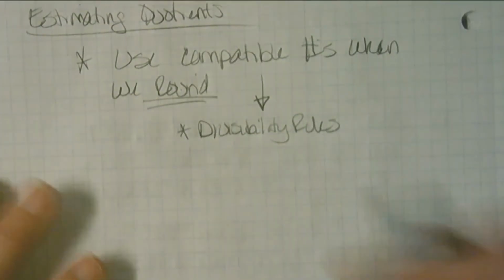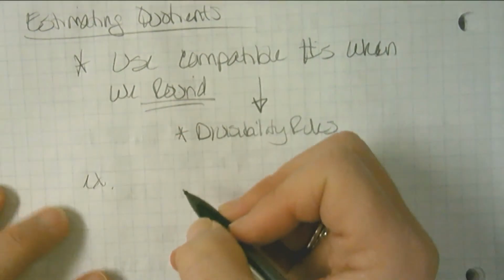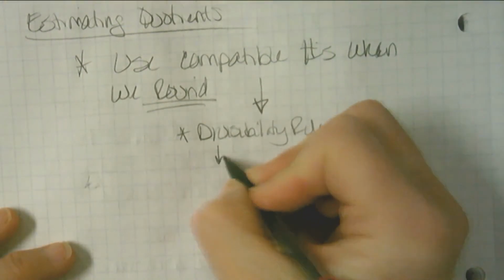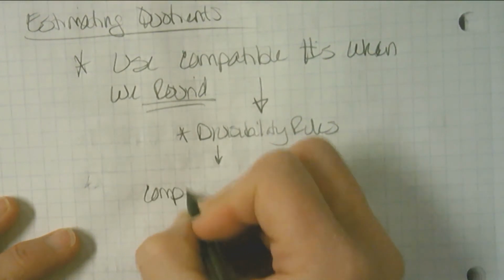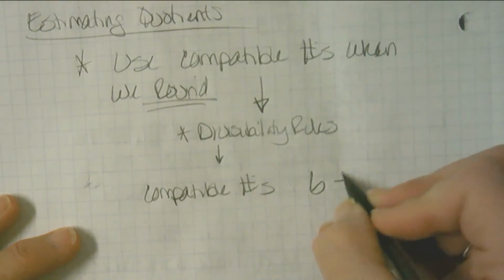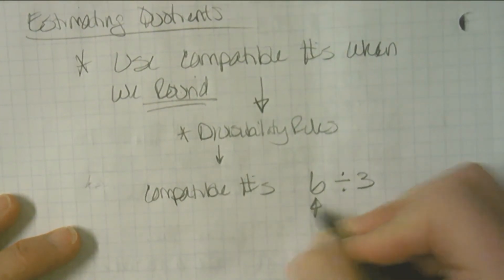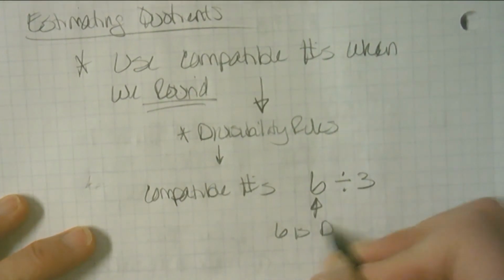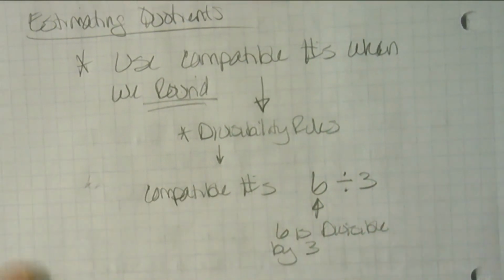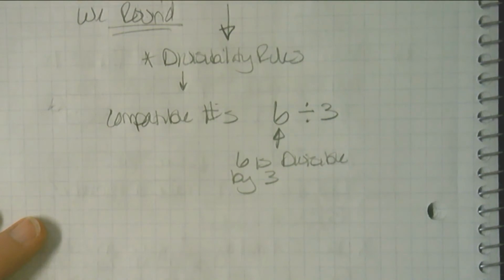So let me give an example so you know what I'm talking about. When we talk about compatible numbers, 6 divided by 3. Well, 6 is divisible by 3. They are compatible numbers.